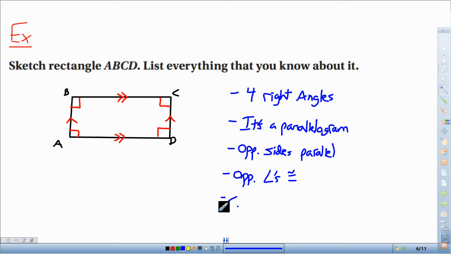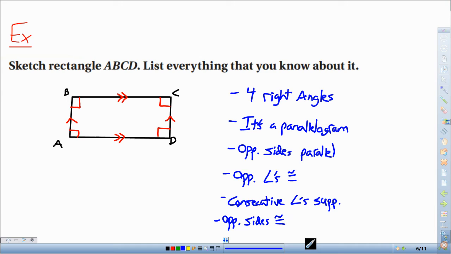So consecutive angles supplementary. We'll just leave it as sup. Let's go back to the idea of side lengths. We know that opposite sides of a parallelogram are parallel, obviously, but we also know that opposite sides are congruent.